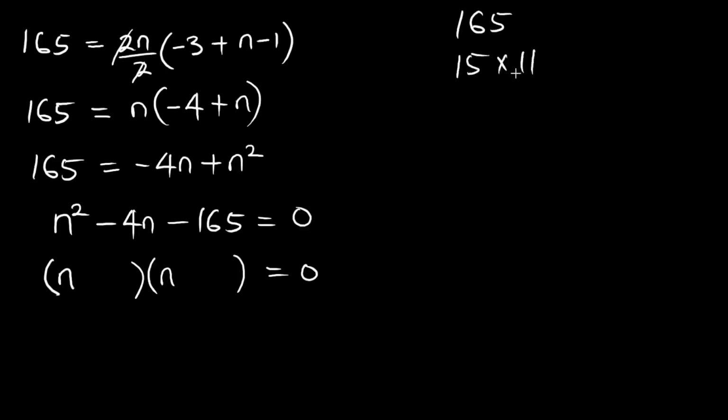This is a very simple multiplication, multiplication with 11. So like I said, the two factors are 15 and 11. Because this is negative, I'm going to assign the negative sign to the bigger number and the positive sign to the smaller number. So this is going to be plus 11 and minus 15, equals to 0.